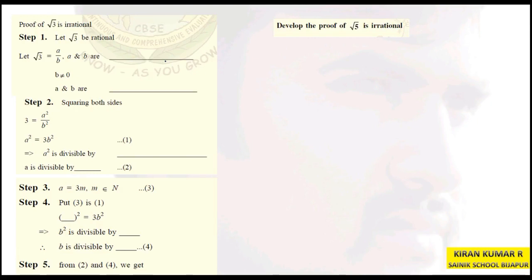Let us apply the same logic and prove root 3 as an irrational number. In the first step, we'll consider it as a rational number. So let root 3 is equal to a by b, where a and b are integers, and b is not equal to 0.